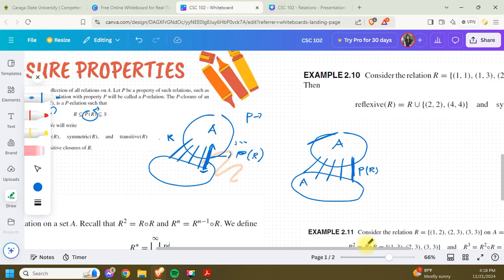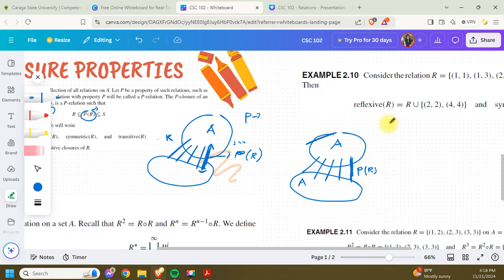Now, in the definition from earlier, say your set of relation does not have a reflexive property or a transitive property. Reflexive, for example purposes.